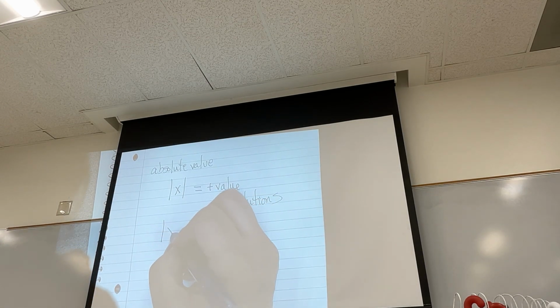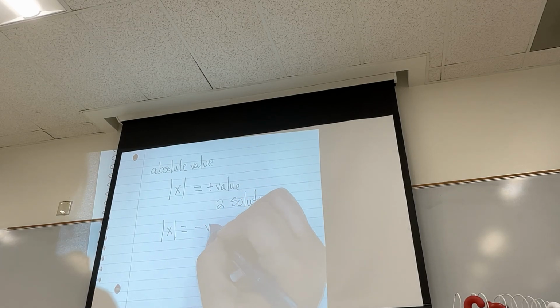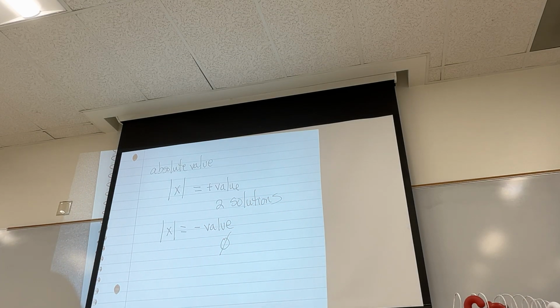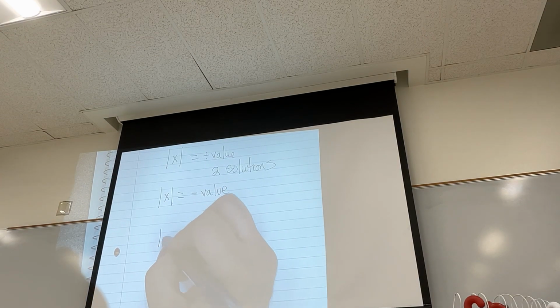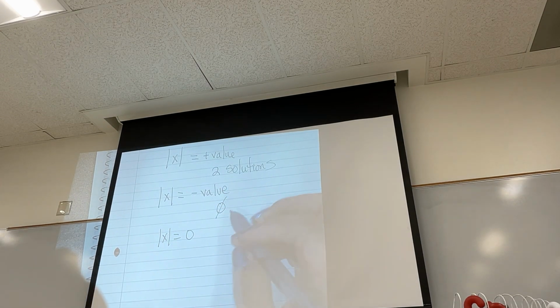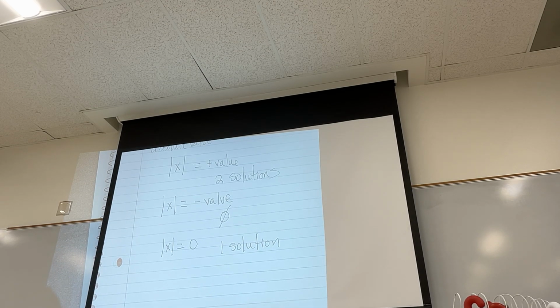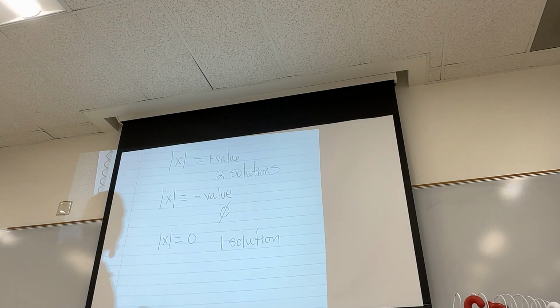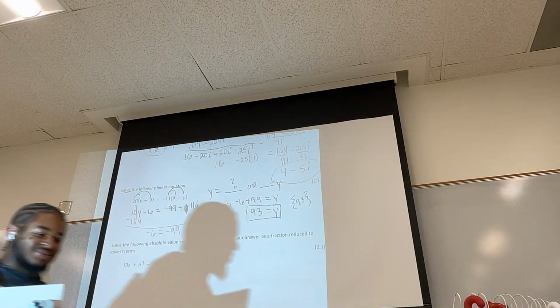If the absolute is isolated equals a negative value, we get no solution, 0 with a line through it. If the absolute value equals a 0, we get 1 solution. This is what we just said in words. Do we remember those rules now? We did that, I think, the second week of class, yes? Okay. All right. So, let's go back to number 4.